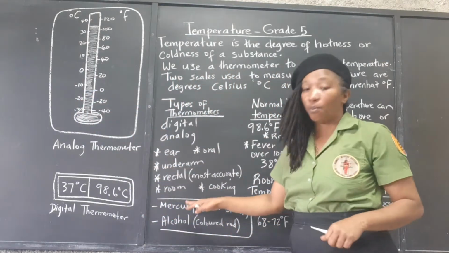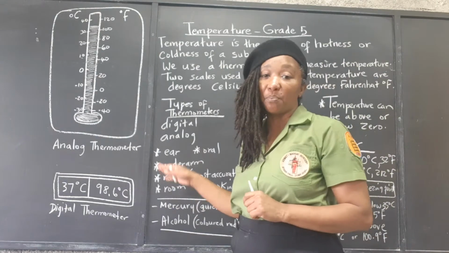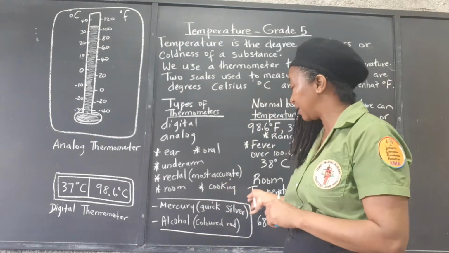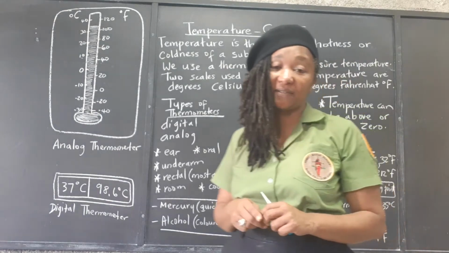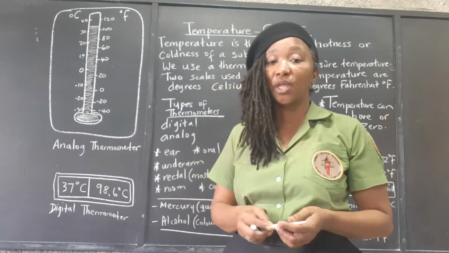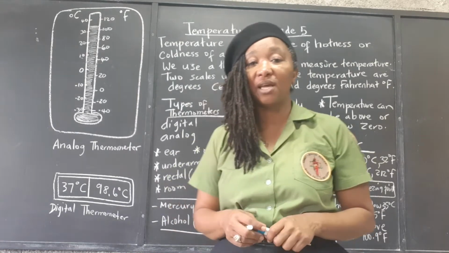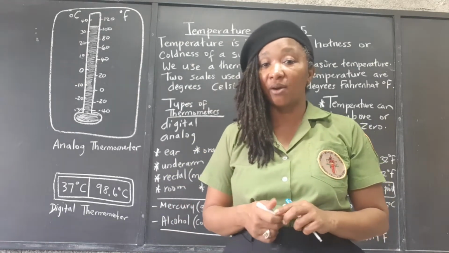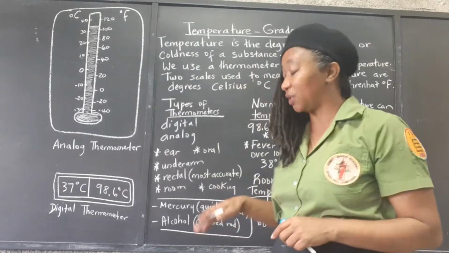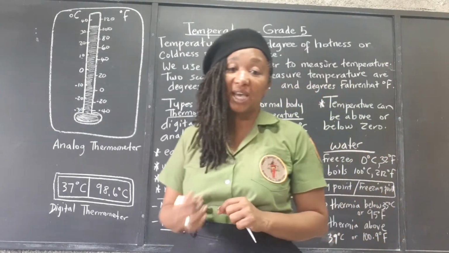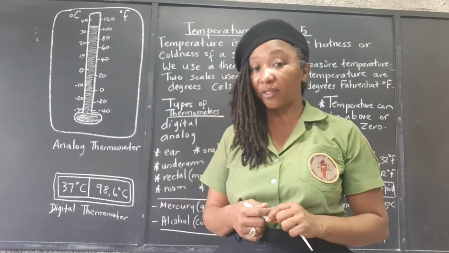What used to be widely used was mercury, a mercury thermometer. We call it quicksilver because of how it moves very fast, right? Especially it responds to heat quite quickly. So it was called quicksilver, but mercury is a very dangerous substance to work with.